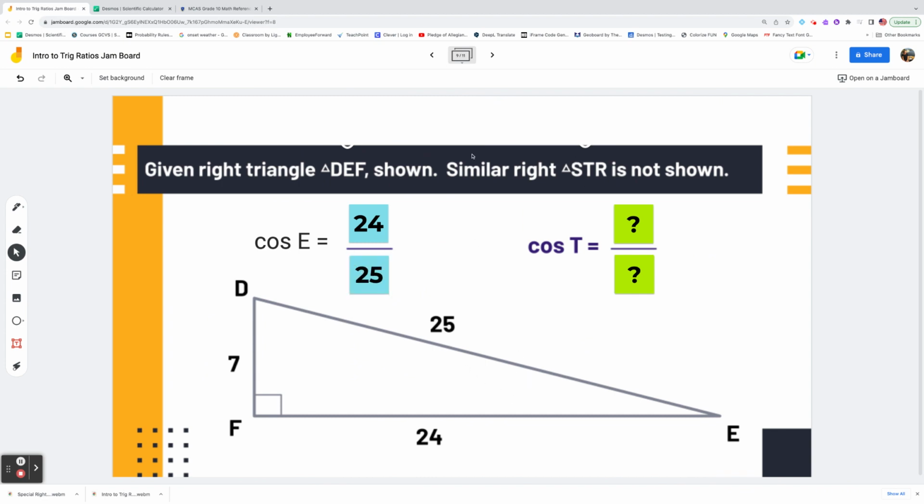Now, because these triangles are similar, the cosine of angle E, E being the middle letter, should be equal to the cosine of angle T, T being the middle letter. So I don't need to see triangle STR. I just need to know the cosine of E. It's 24/25. Therefore, the cosine of T will also be 24/25.